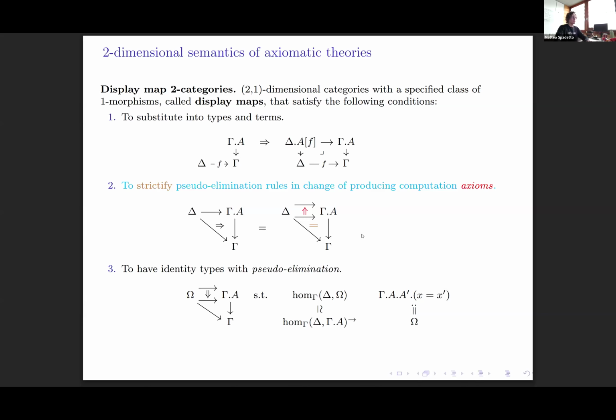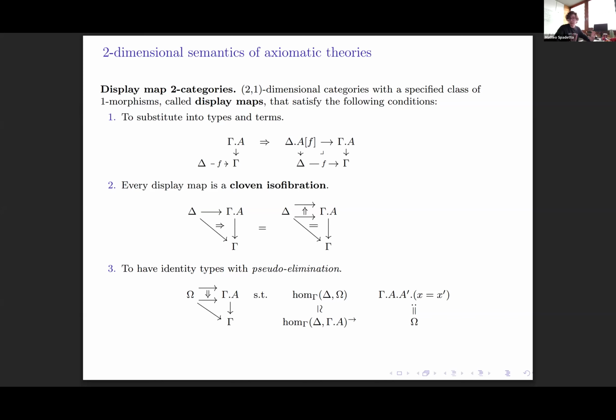But the idea is that the reason why you have computation axioms but not computation rules, so the reason why computation axioms do not hold as laws, is that cloven isofibrations are not necessarily normal. From a path category, you can only prove that fibrations, that types in context, are cloven isofibrations, but you do not have the normality condition, namely the condition that tells you that if here I have the identity two-cell, then the two-cell that I obtain here is itself the identity.